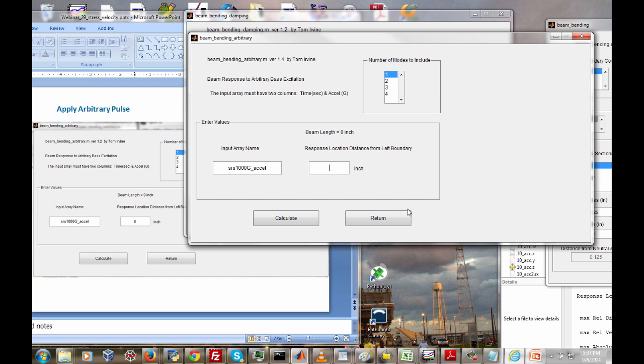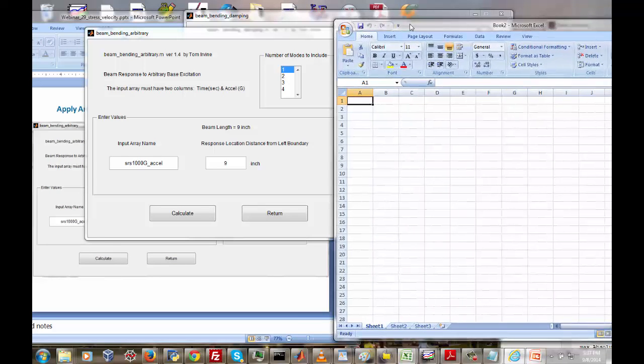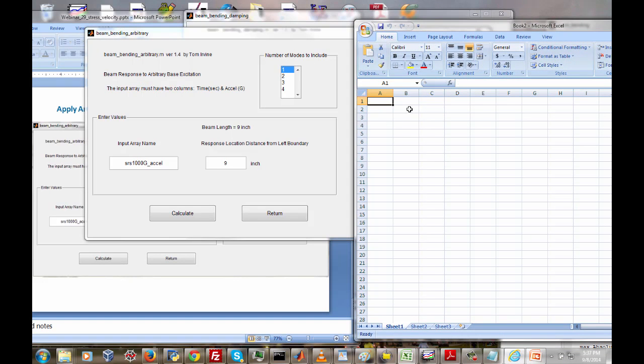A response location, this will be at the free end, so it's going to be 9 inches. And we're going to calculate the response metrics. And I'm going to make a little table here because we're going to look at the effect of including varying numbers of modes. So let's just have n be our mode number, the number of modes included, I should say.